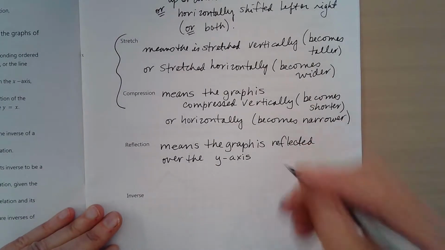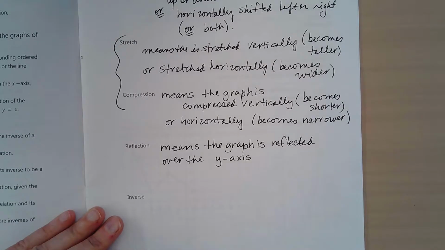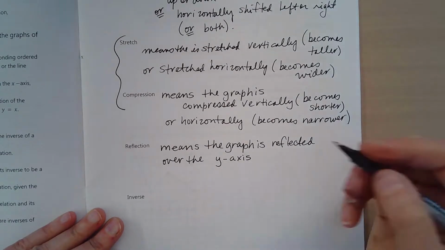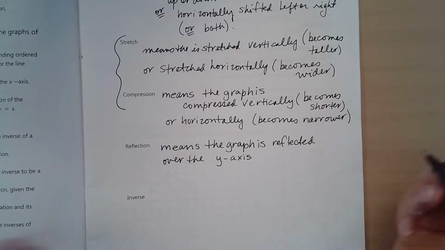If it's flipped over the y-axis, an interesting thing happens. For example, let's say my graph is only the point 4, 5. That's it. My function is just one dot, one coordinate point. Passes the vertical line test.